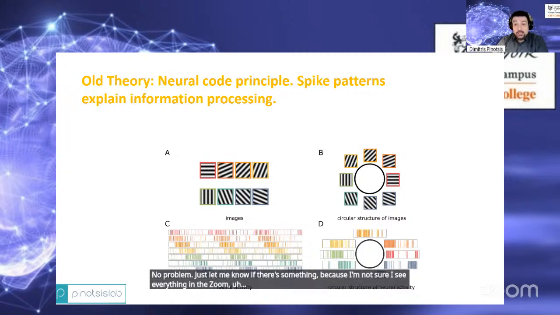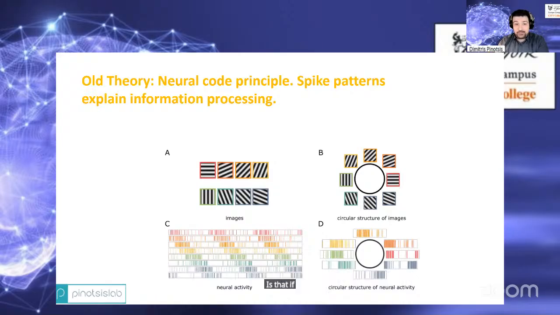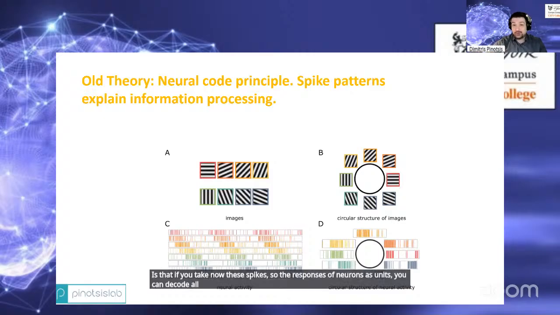So what is the idea? What is the neural code principle? It is that if you take these spikes, the responses of neurons, as units, you can decode all sensory information, all these grating patterns, for example. So spiking is sufficient. That's the old idea.